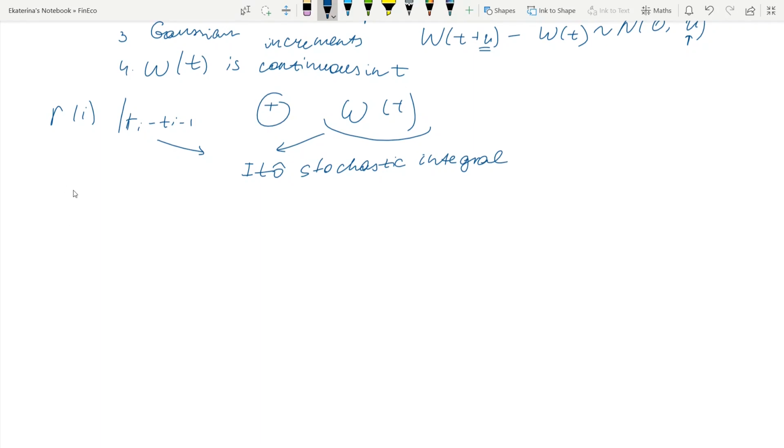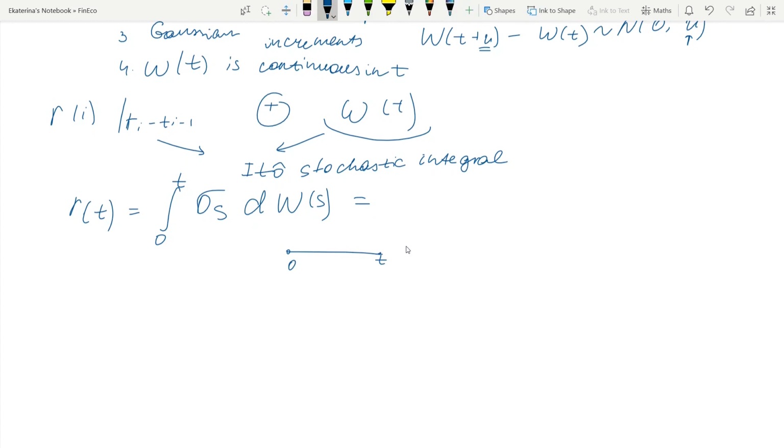So what is an Ito stochastic integral? You take your return, continuous time, and then you integrate from 0 to t some sigma s, and I'll talk about this in a second, with respect to the Wiener process. Now, by definition of the integral, what are you doing? Our 0 to t is our continuous time.